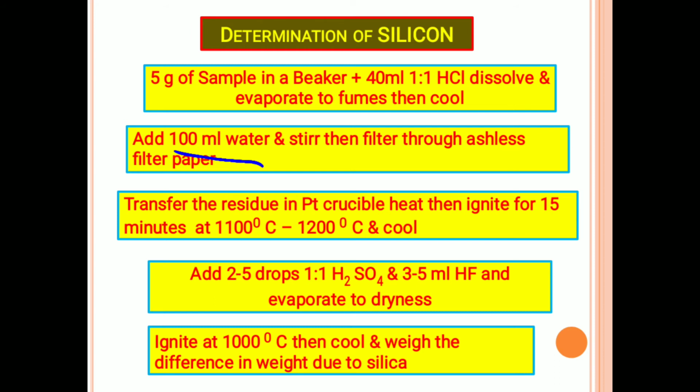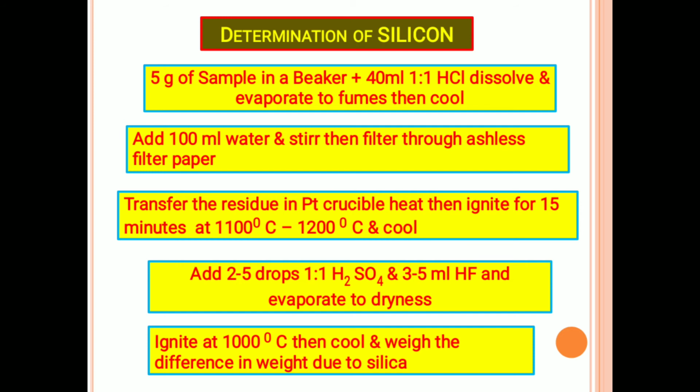Next, add 100 ml water and stir, then filter through ashless filter paper. Transfer the residue into a platinum crucible, heat and then ignite it for 15 minutes at a temperature of 1100 to 1200 degrees Celsius. After that you need to cool it.